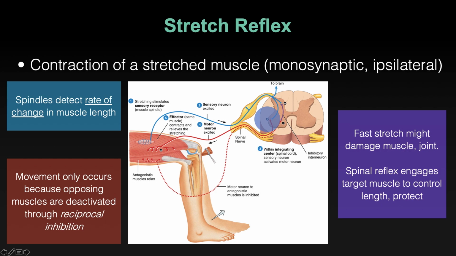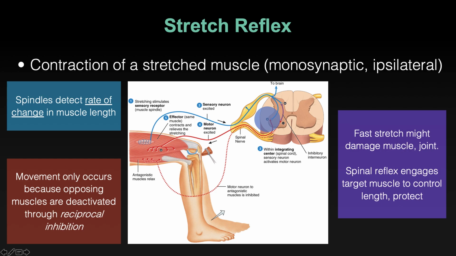But there's only movement because the target muscle is activated and the opposing muscle is deactivated. Just think, if they were both activated, would your lower leg move? Probably not. If you contract your quadriceps and your hamstrings at the same time, nothing happens, ideally.